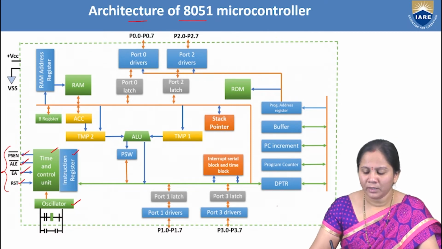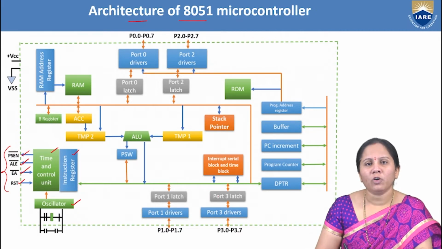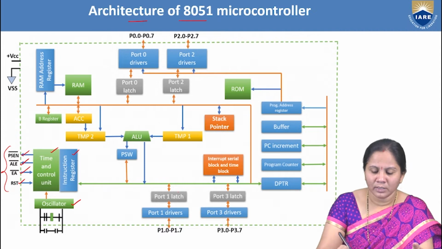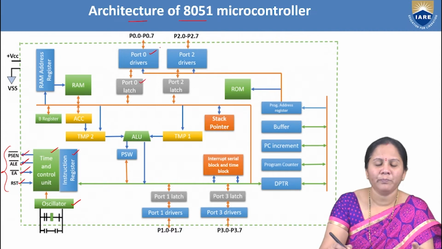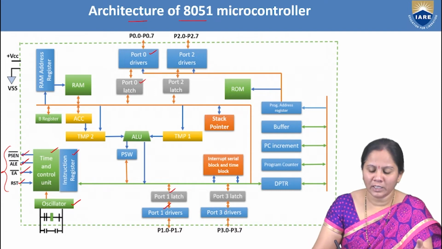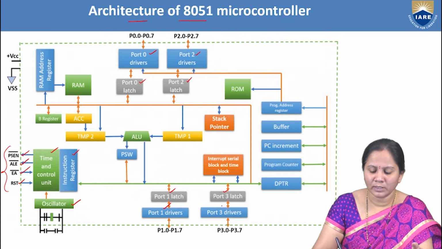Now, we know there are 4 ports available in the 8051 microcontroller. Here this is port 0, this is port 1, the next is port 2 and this is port 3.